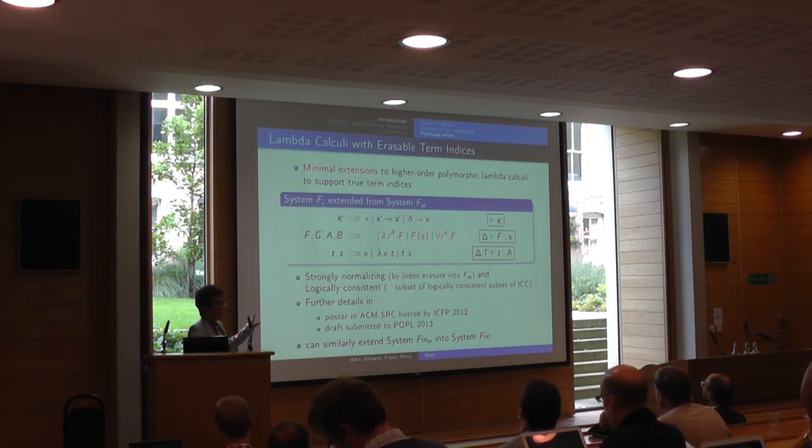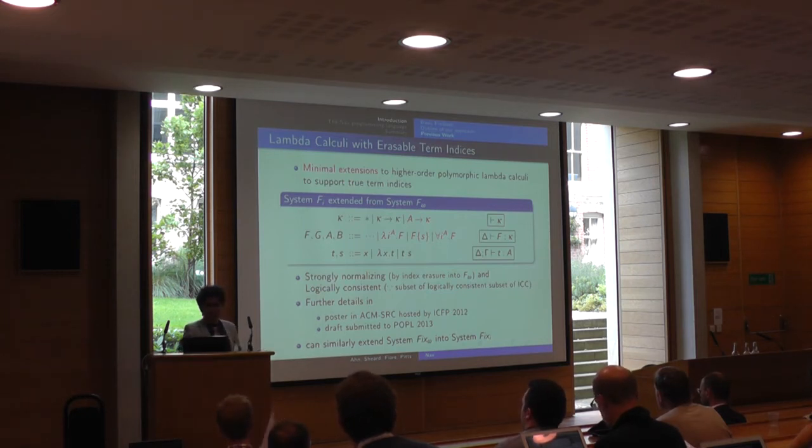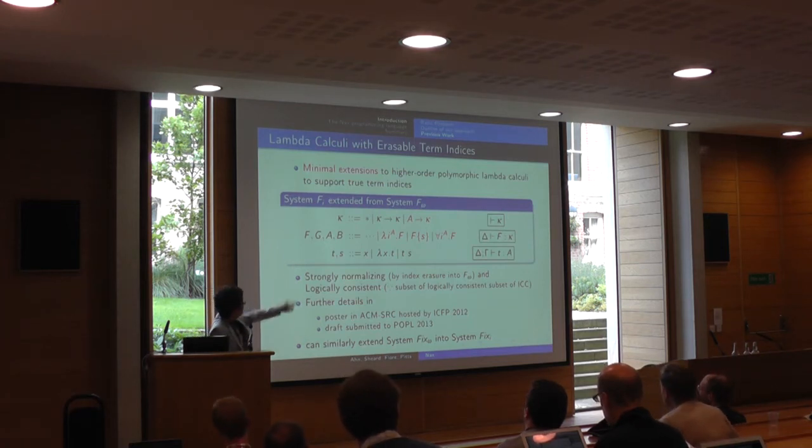But this is not the end of the story, because F omega doesn't have term indices, so we have to extend the language with term indices, and there's only 5 minutes left. So basically, you just need 4 of these.